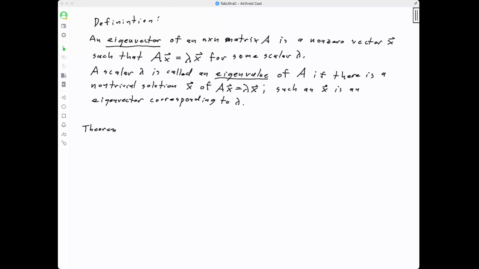So we have a theorem that says the eigenvalues of a triangular matrix, in other words, of a matrix whose entries are all 0 below the diagonal or above the diagonal, are the entries on the diagonal.